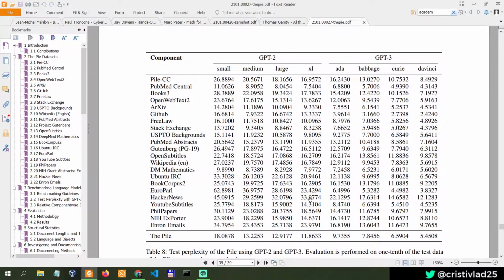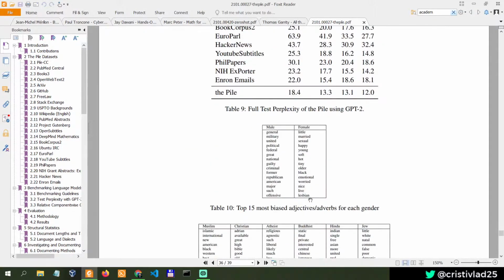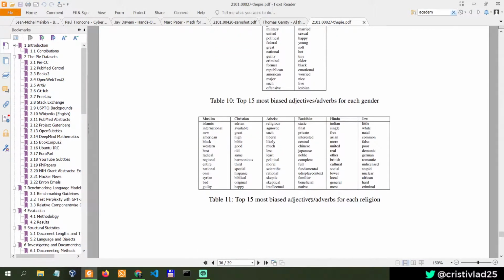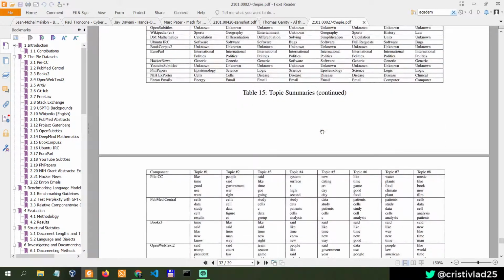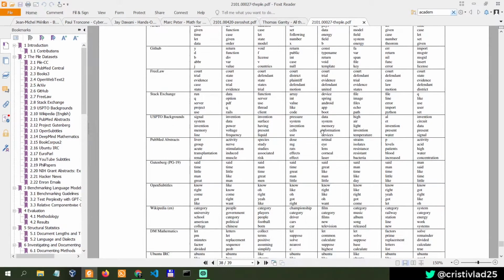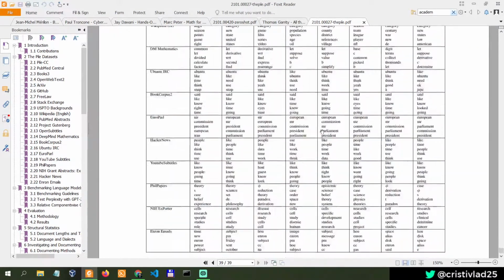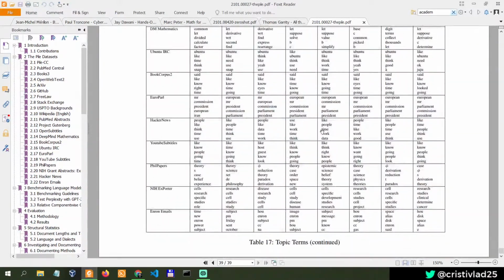Perplexity test performance. We have more on biases. Topics here, and that's all.